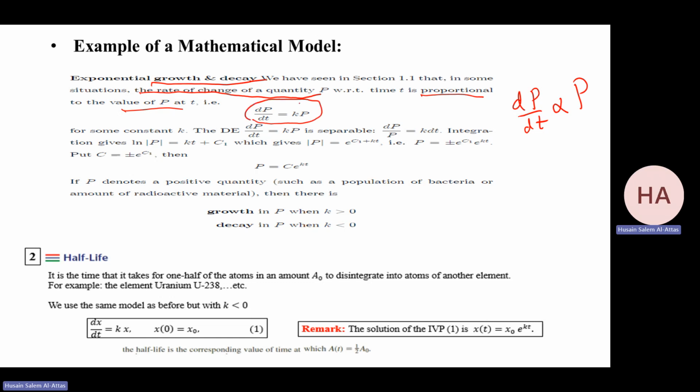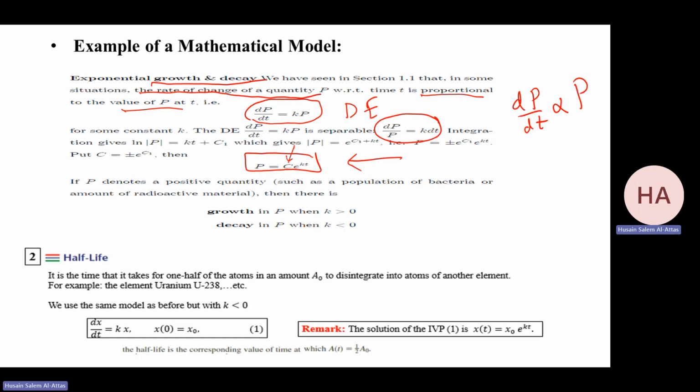This is my differential equation, and I can solve it as a separable one. The solution will be P equals C e to the power kt. This C is usually P0, P at 0, since at t equals 0, I get C equal P at 0.